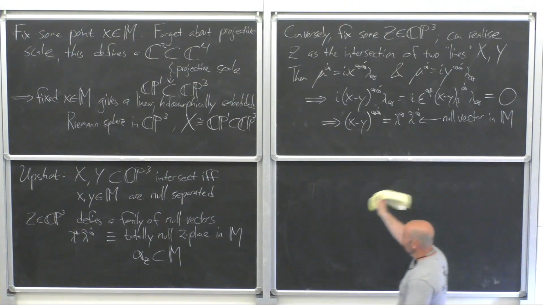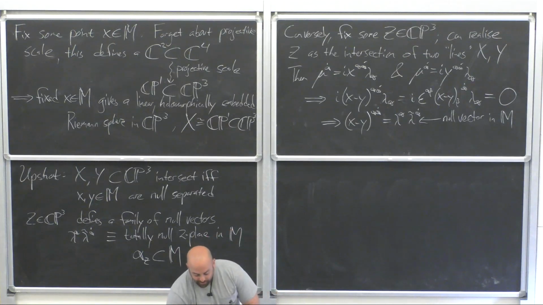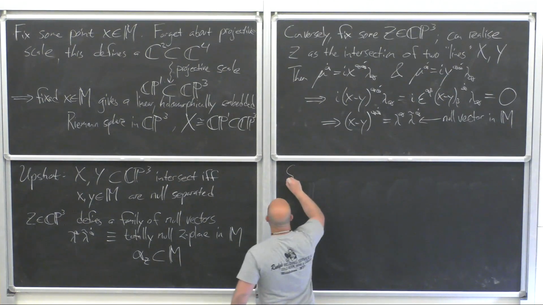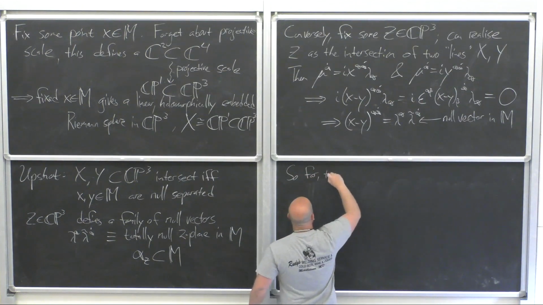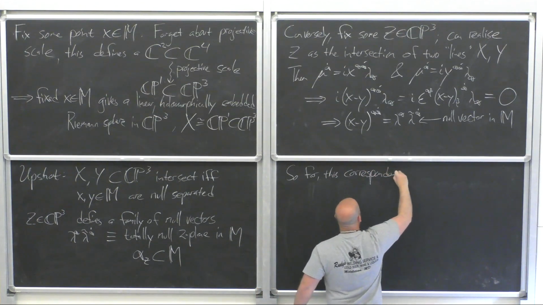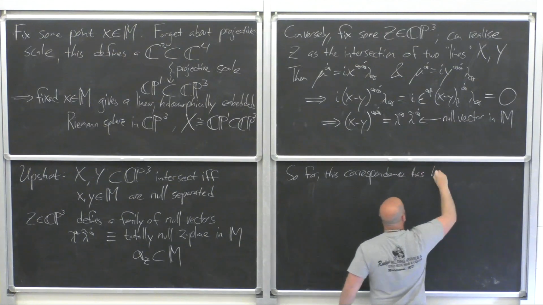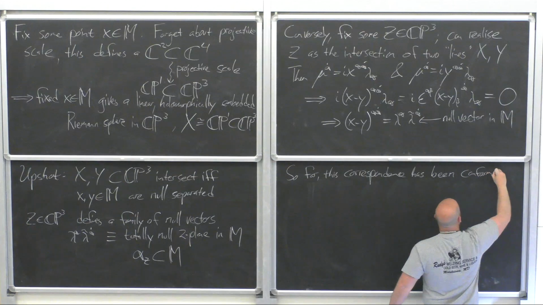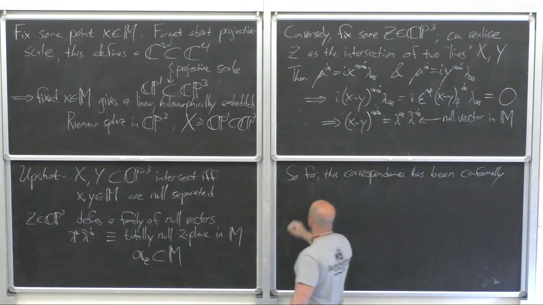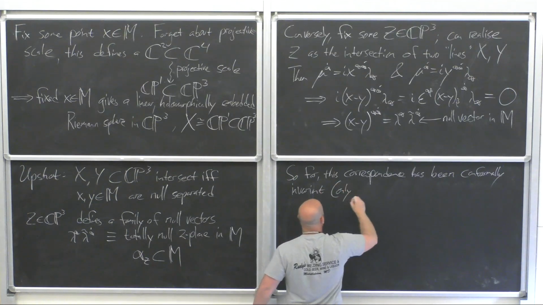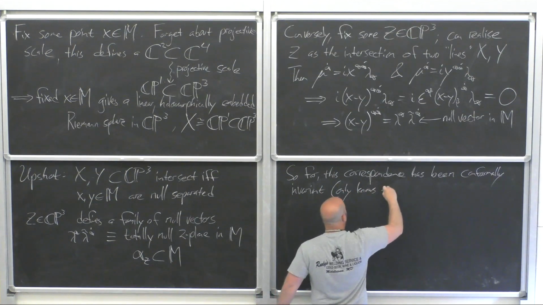So this whole construction, this correspondence between CP3 and complexified Minkowski space, has been completely conformally invariant so far. That's, if you like, because it only knows about null structures.